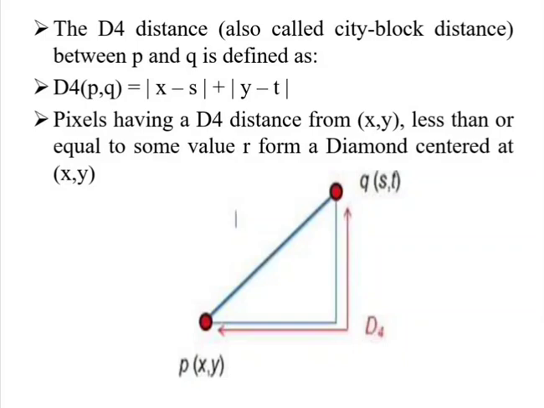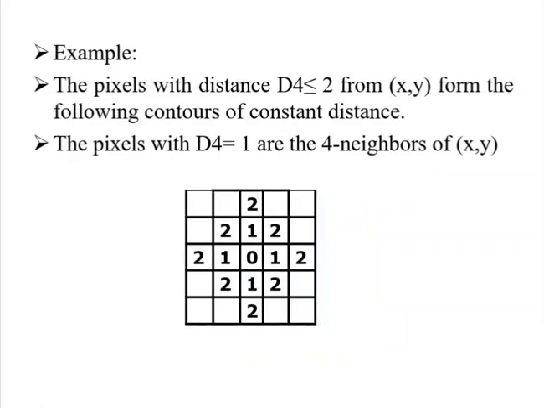Let us consider one example. The pixels with D8 distance less than or equal to 2 from x comma y, the center point, form the following contours of constant distance. The pixels with D8 equal to 1 are the 8 neighbors of x comma y.